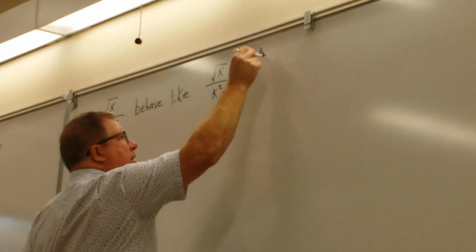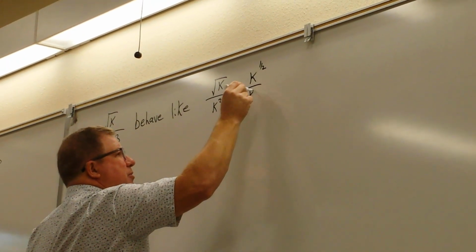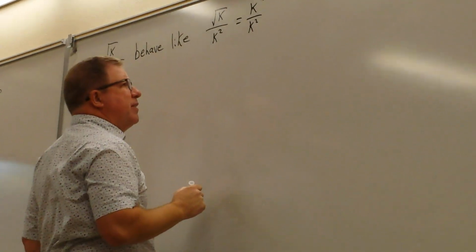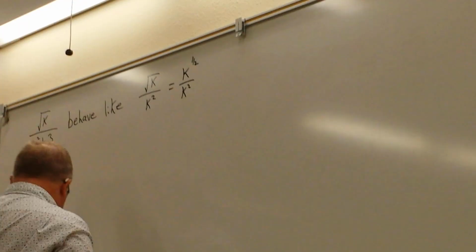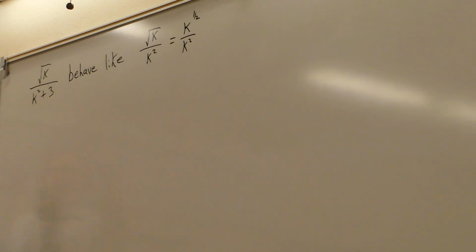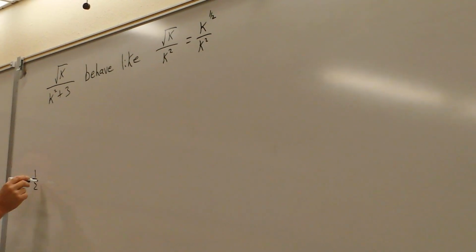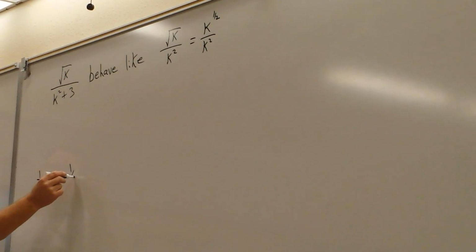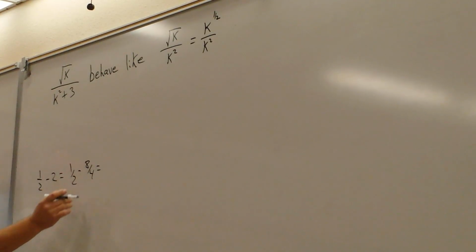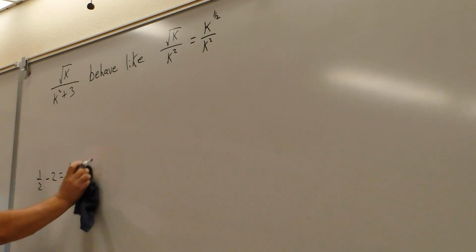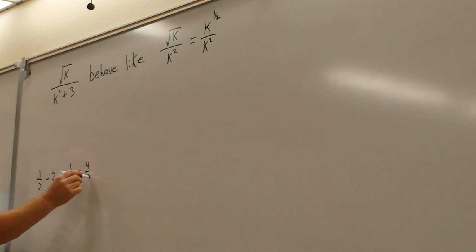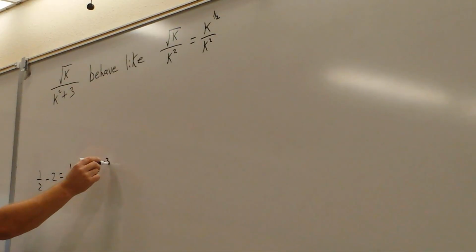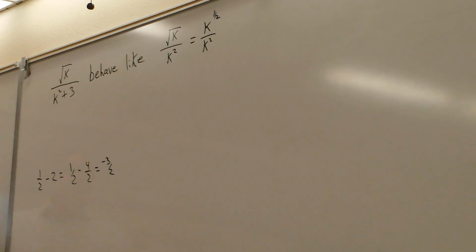K to the 1/2, that's the square root. Now if we subtract 1/2 minus 2, we need a common denominator. 1/2 minus 4 over 2, we get negative 3 over 2, right?